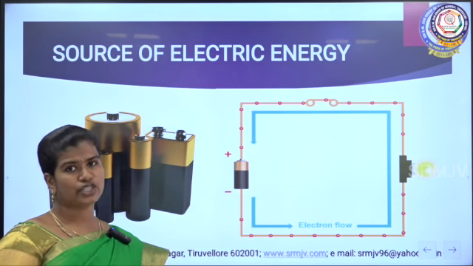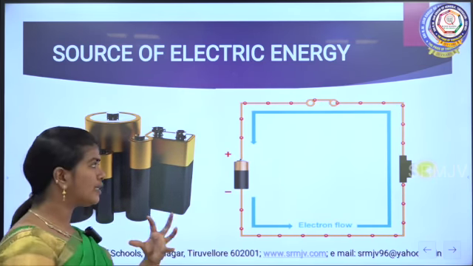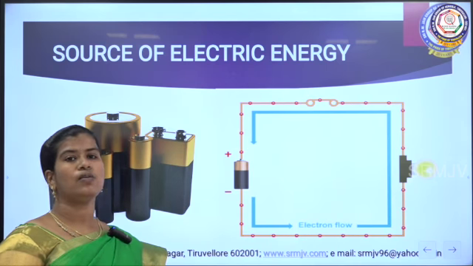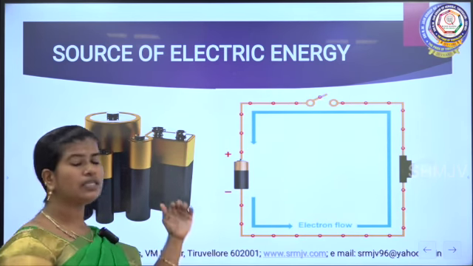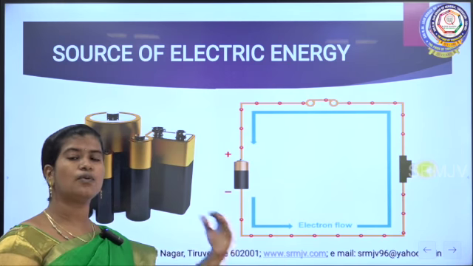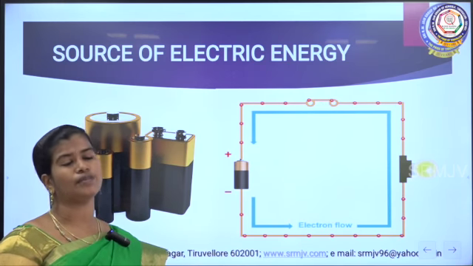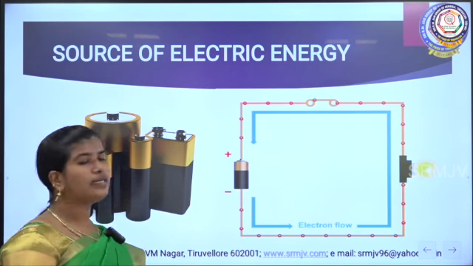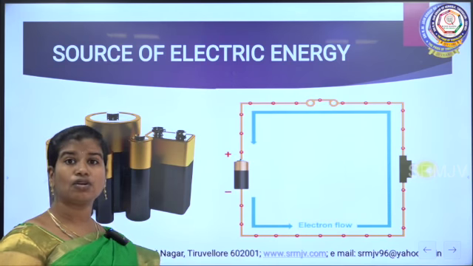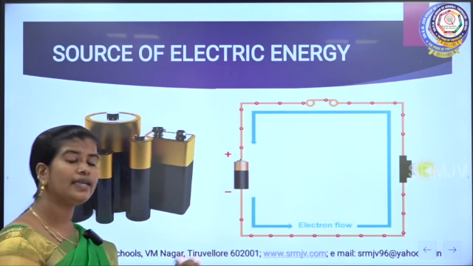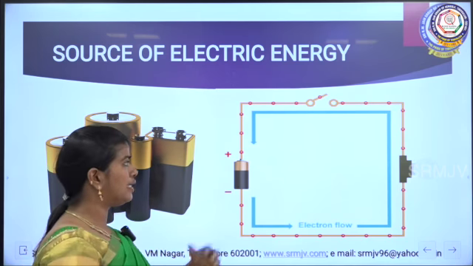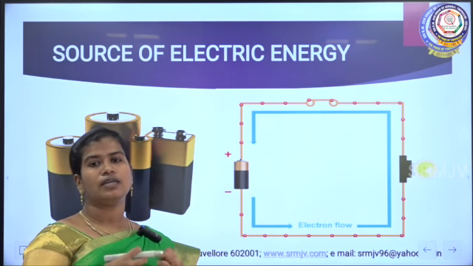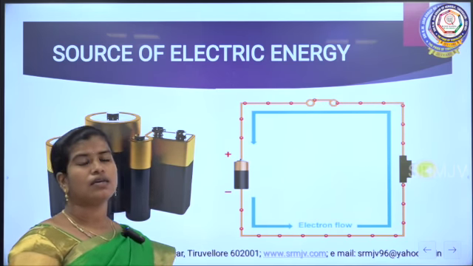A chemical reaction takes place. Once the chemical reaction takes place, it creates a potential difference between the terminals, the positive terminal and the negative terminal. Due to that potential difference, the electrons start to flow from the negative terminal to the positive terminal. That is how the electric current passes.